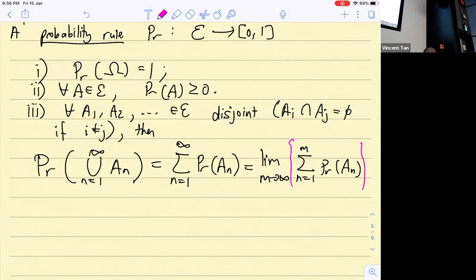Like the sequence (-1) raised to the m does not have a limit. But this is okay. Why? Because this sequence here, let's call it Cm, is non-decreasing. I cannot say it's increasing, it's non-decreasing because the probability values are non-negative. And if you have a non-decreasing sequence Cm, then it either has a limit or the limit is plus infinity. So it is legitimate to use limit here.